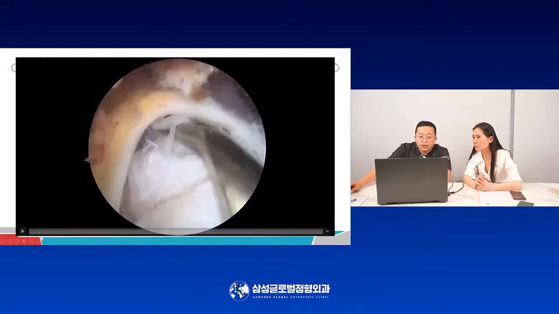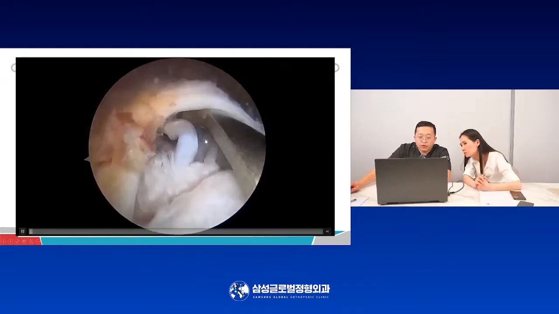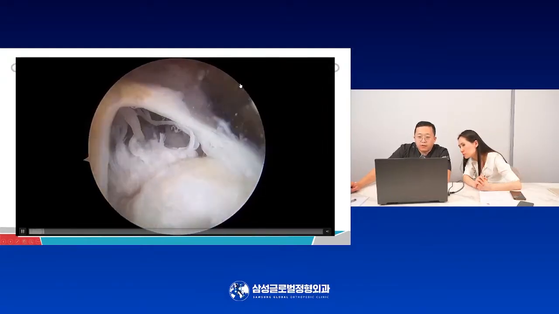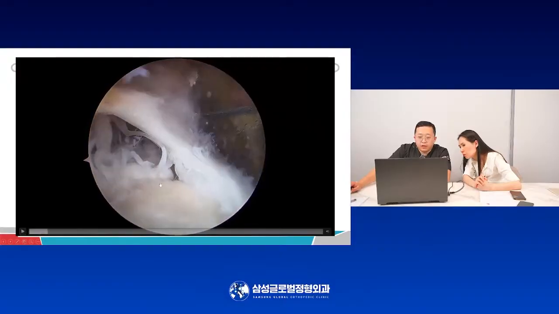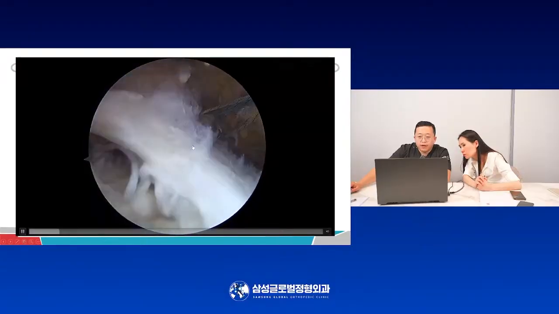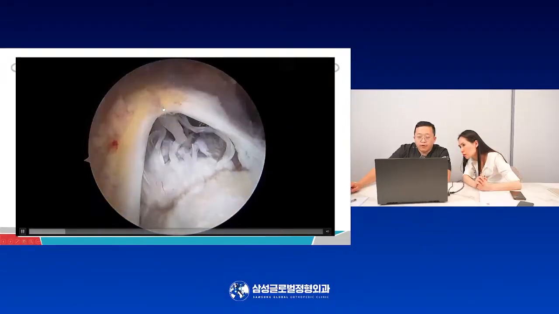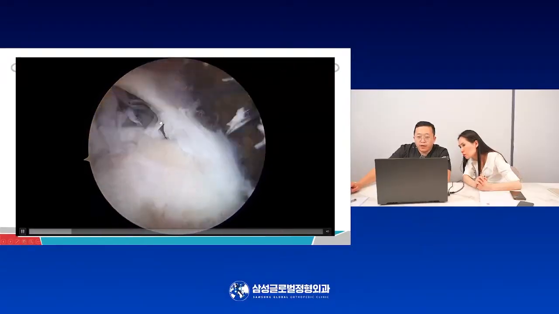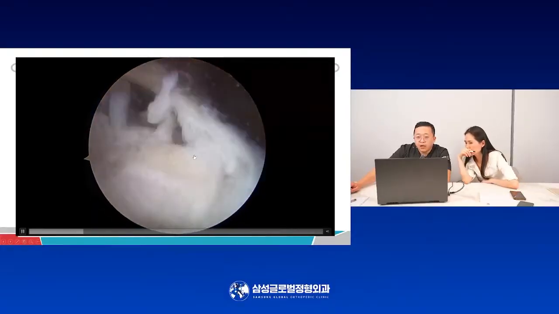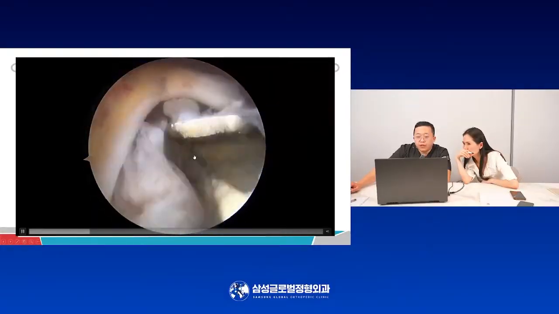Okay, so let's see the arthroscopic video. As you see, this is the humeral head and this is the rotator cuff tendon, supraspinatus. So we can use a shaver and we can reduce the compression.